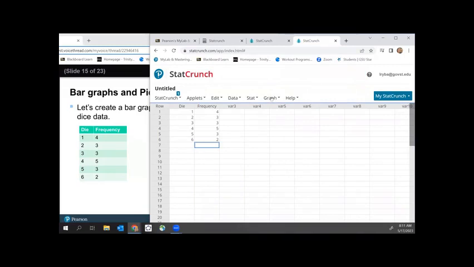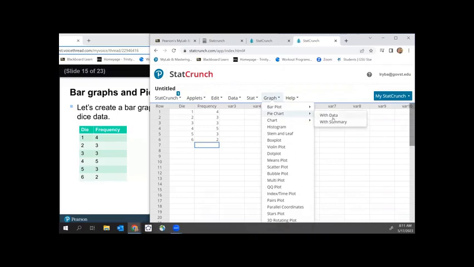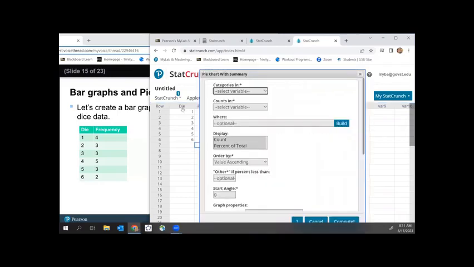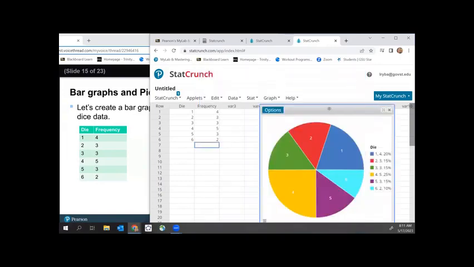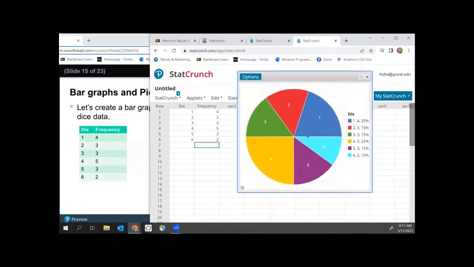If you want to make a pie chart, you'll hit graph, pie chart, and again, we have our summary because we have all of our things summed together. So the die is the category, the counts is the frequency, and then I'm just going to click compute. So you can see in this graph, we have a legend because over here in the pie chart, it does tell me what each option was.